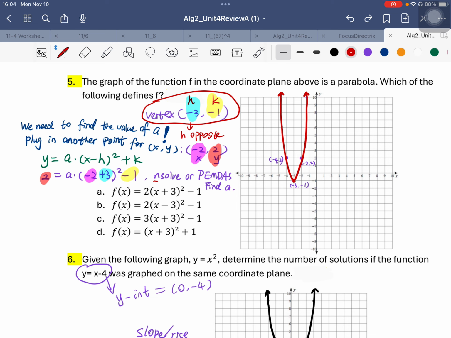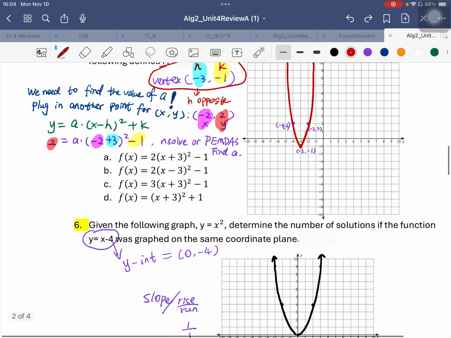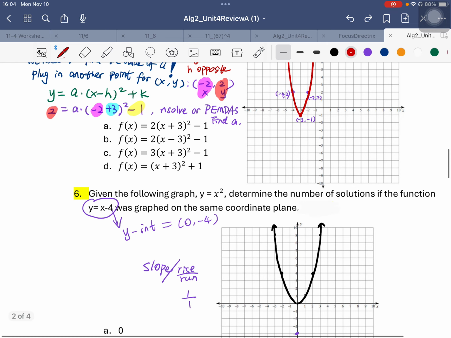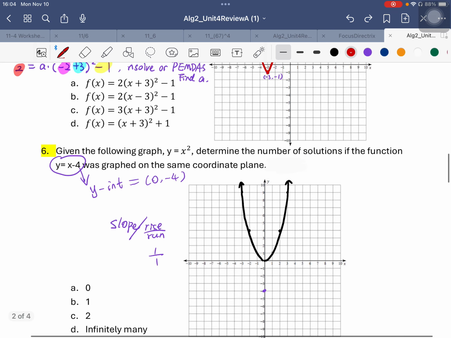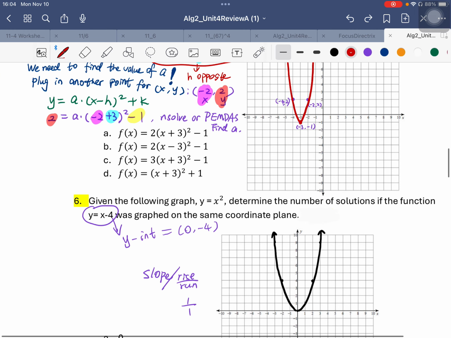So now you can either use nSolve or pencil to find the value of a. nSolve is on your calculator. Pencil, you have to solve by yourself. Either way works. Once you find the a, replace the a, and because you have the h and k, you know the answer.